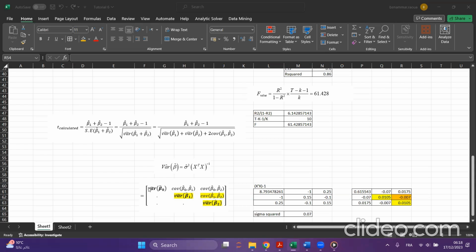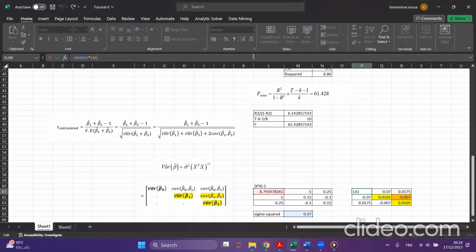To find this matrix, we just multiply sigma squared by (X transpose X) inverse. We multiply each element by sigma squared and find these results. We're going to be using these values to calculate our t value.